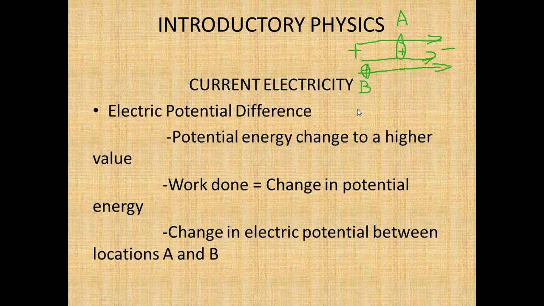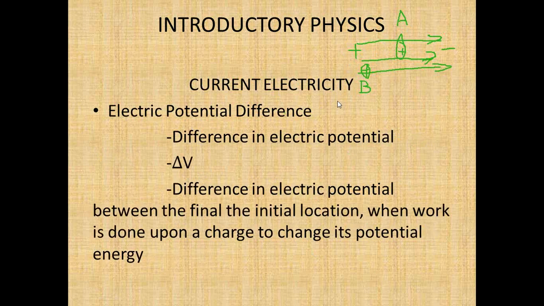All right. So electric potential difference is just the difference in electric potential energy from position A to position B. The work that is going to be done in moving it from A to B is equal to the change in the electric potential energy from position A to position B. So the difference in the electric potential, we call that delta V. Okay?